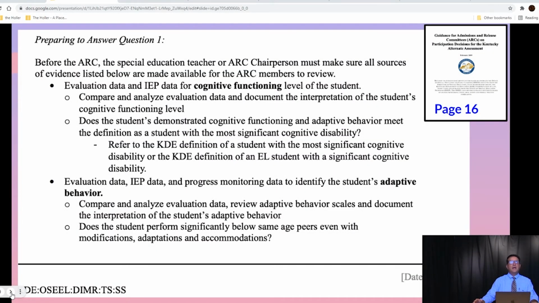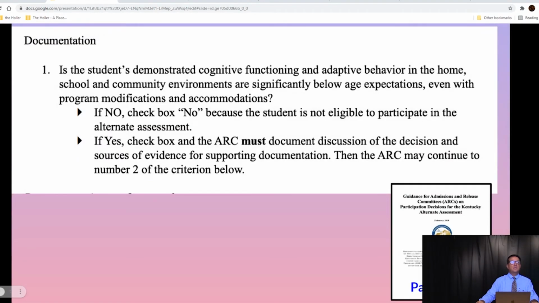So when you're preparing to answer question 1 before the ARC, you want to consider some things. Is the student's demonstrated cognitive functioning and adaptive behavior in the home and community environment significantly below same age peers, even with program modifications and accommodations? Typically, we're going to see these scores for cognitive functioning over time be pretty consistent.